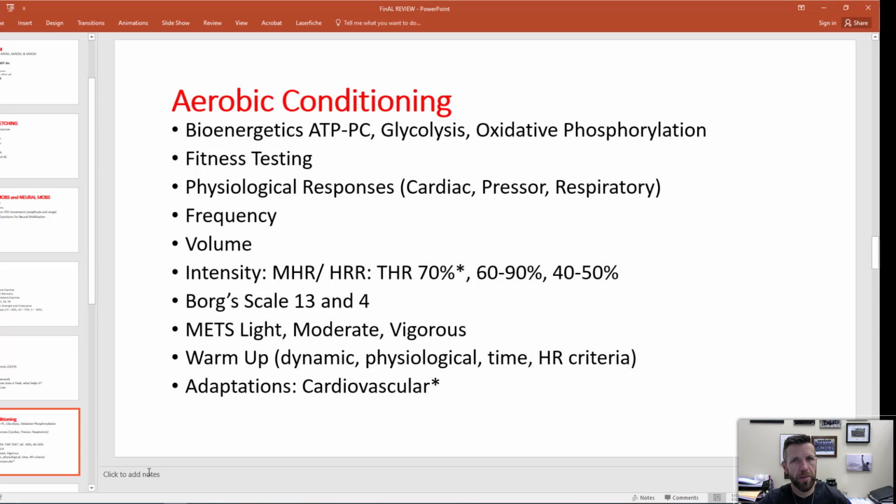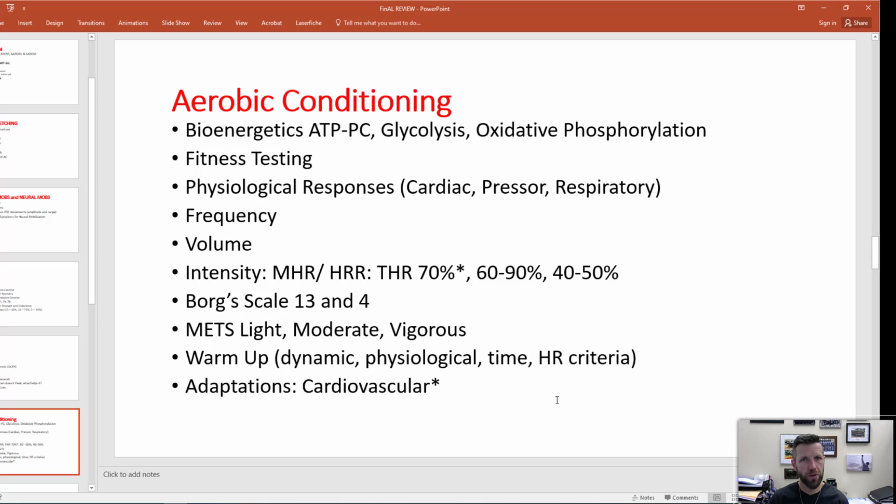Now we want to talk about what adaptations are going to occur. And this is almost exclusive to the cardiovascular adaptations. So what happens after doing aerobic conditioning for several weeks? And so number 1, how many weeks does it take? Well, back in the adaptations of hypertrophy, we said that took 4 to 6 weeks before you'd see hypertrophy.